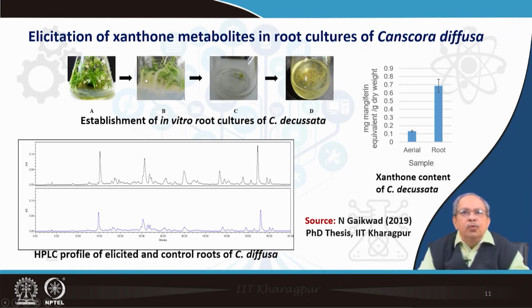Once the root cultures were established, we elicited both species with chitosan or sometimes with yeast extract, the autoclaved yeast extract. This is the control profile. These are HPLC peaks of the compounds, and if you see this peak here and this peak here, you will see the height is much more.